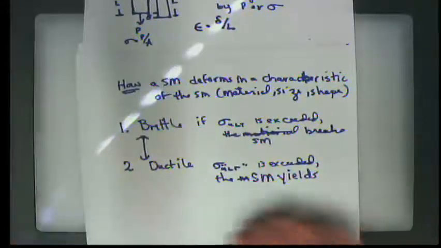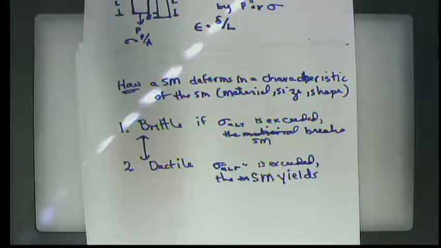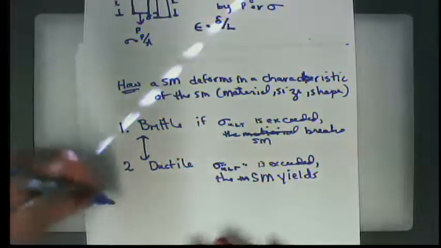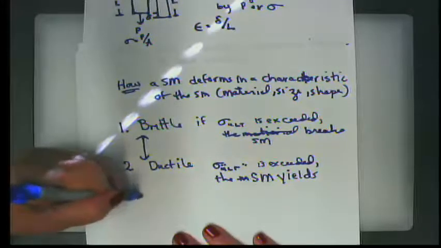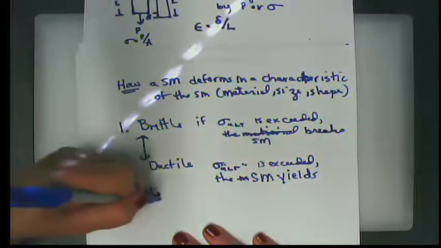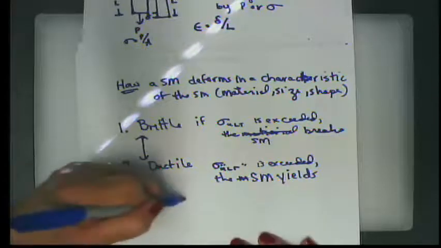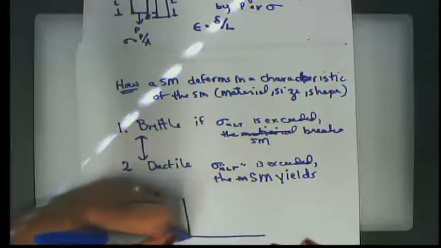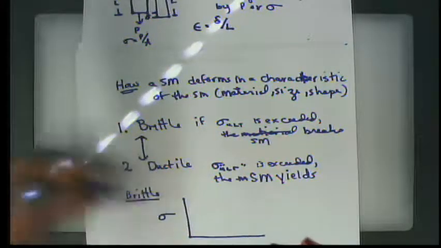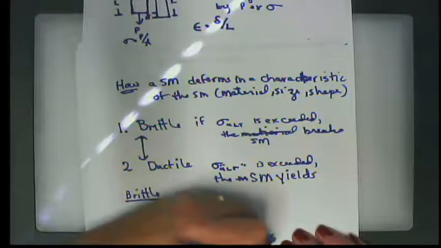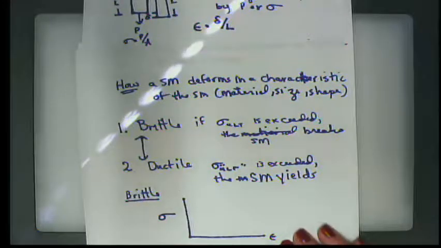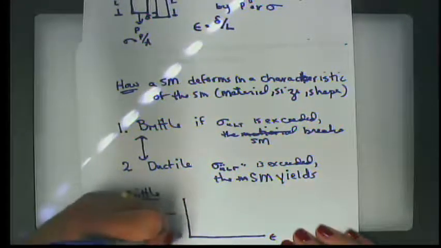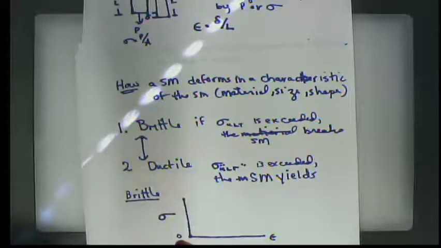So, if we were to take a completely brittle material, and this is one end of the spectrum, and if we were to plot sigma, normal stress, versus epsilon, normal strain, what we would see is that when we have no sigma, we would have no epsilon.